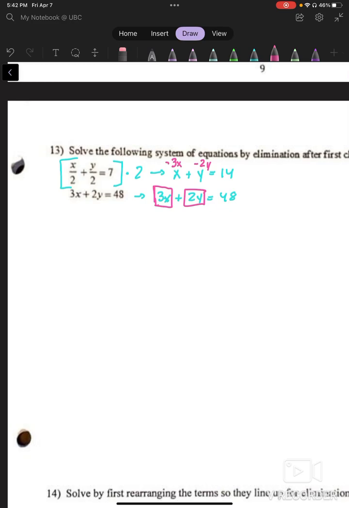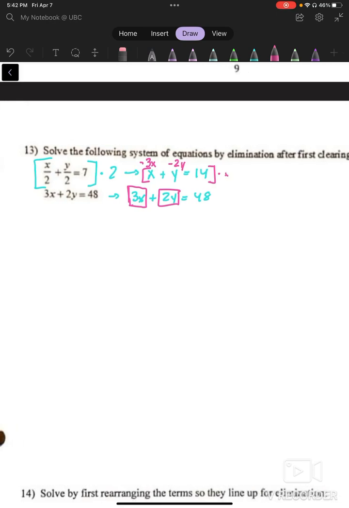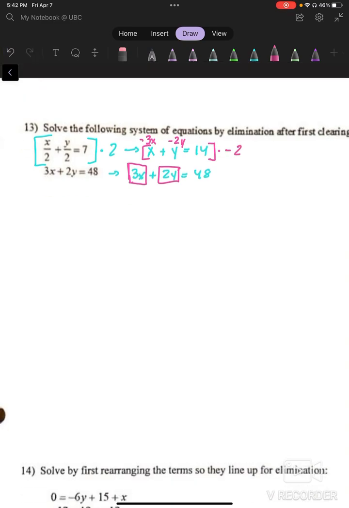So to do that, you would either have to multiply the first whole equation by negative 2 or by negative 3. I'm going to do negative 2. It doesn't matter what you choose.